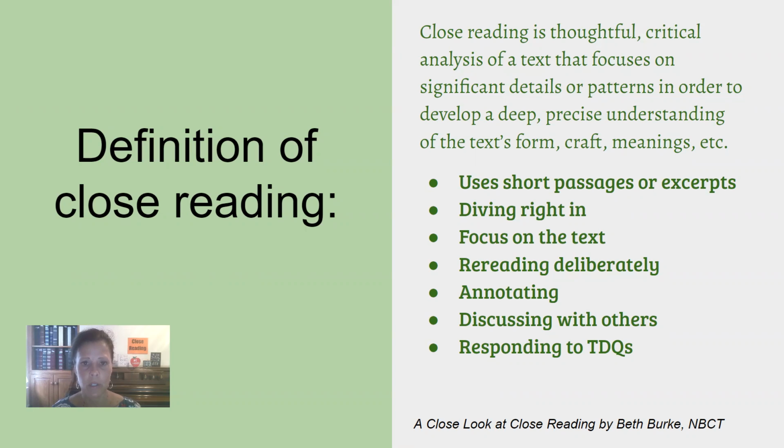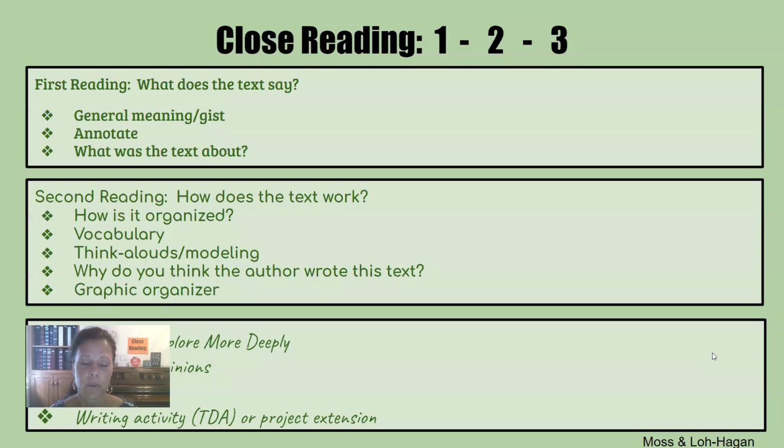You possibly have it on your classroom wall, whether they're circling, highlighting, underlining, putting a box around things, drawing emojis, however you have taught your learners, depending on the grade level. Annotating is definitely a part of close reading. They're going to be using their notes to determine what this text is about. Close reading involves discussing with others, with peers, either with partners or small groups, or even with the whole class. And of course, it is responding to text-dependent questions and even those TDAs, especially for our 4th and 5th grade kiddos.